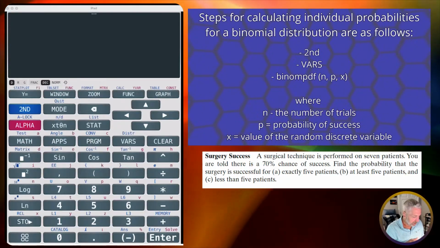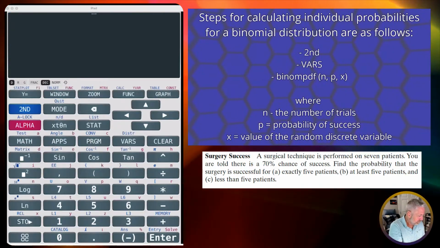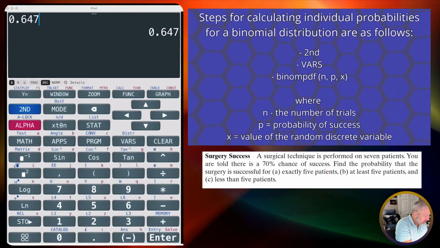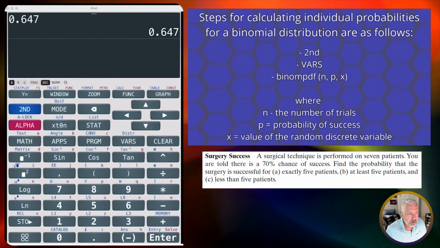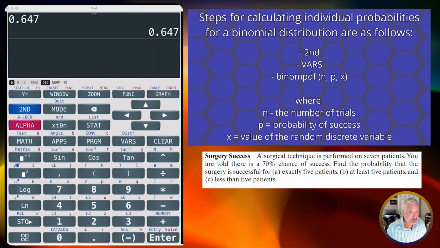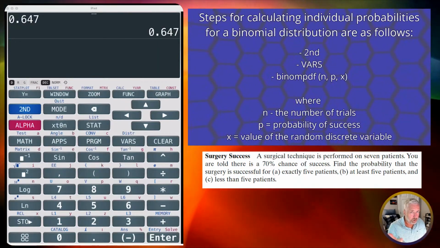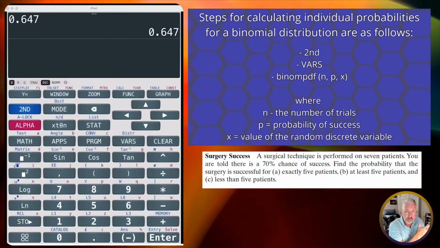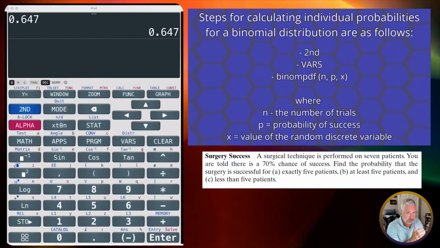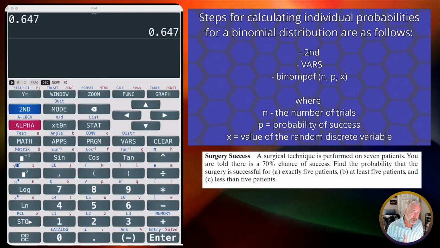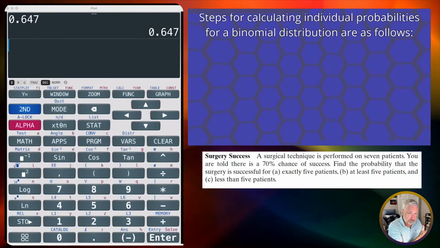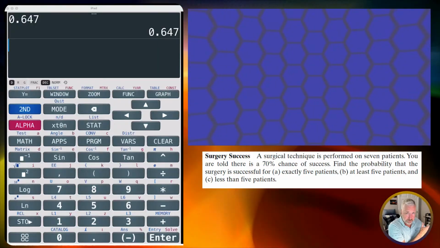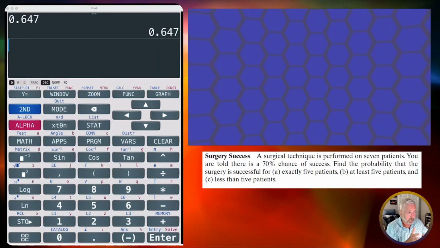Now let's look at the next one. 0.647 was the answer to the second one. Less than 5 patients. Well, less than 5 patients is 0, 1, 2, 3, and 4. So we're doing a cumulative addition from 0 to 4. If you use CDF, then you're using a cumulative distribution function, which is going to run from the lowest value, which is 0, up to wherever you tell it to stop.